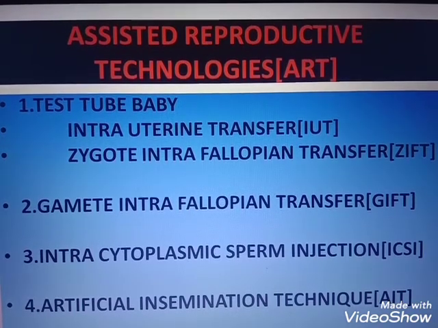It is very clear that the transfer of the embryo is done in the uterus at the 32 blastomere cell stage. Then the next is zygote intrafallopian transfer, ZIFT. Here we transfer the zygote. This involves the transfer of the zygote or embryo at the 8 blastomere stage into the fallopian tube.